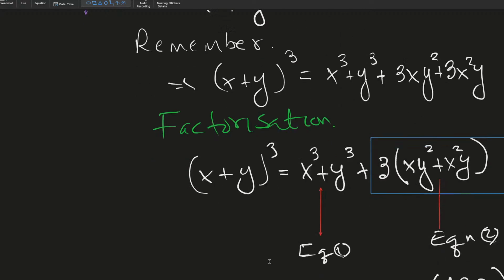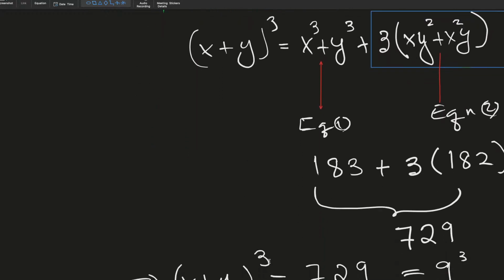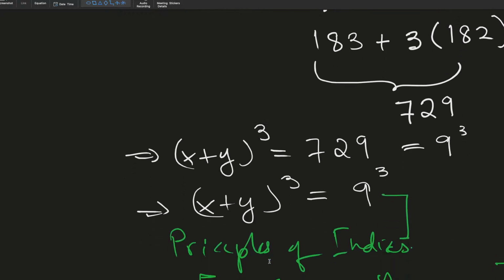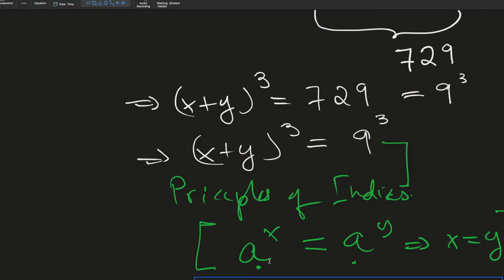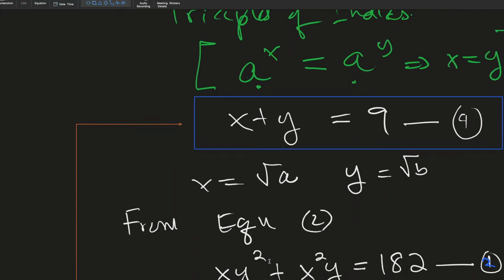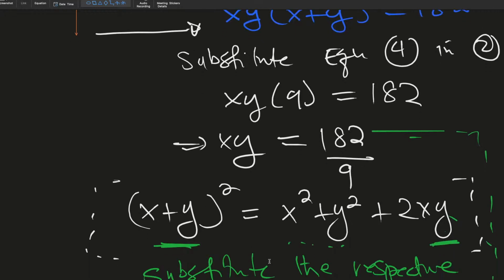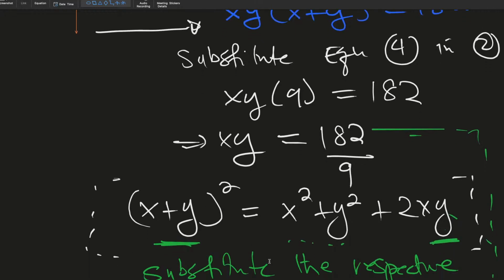And we did a further substitution and were able to get 729. That made our equation look like this: the summation of y and x, cubed, gives us that. And we were able to generate equation 4, which says x plus y is equal to 9. Further substitution helped us to get xy equals 182 over 9.